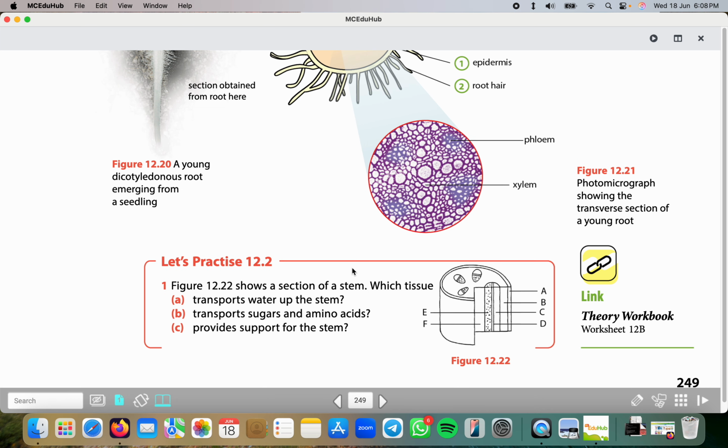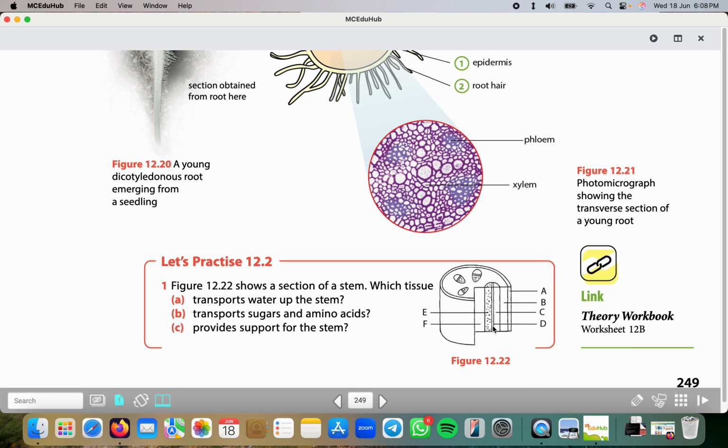All right, this is the section of the stem. Which tissue would transport water up the stem? We need to look for the xylem, and the xylem would be the inner ring, which would be E. Which tissue would transport sugars and amino acids? That will be our phloem.